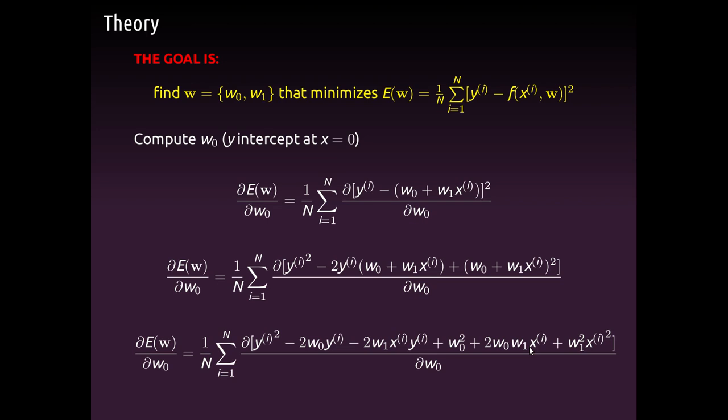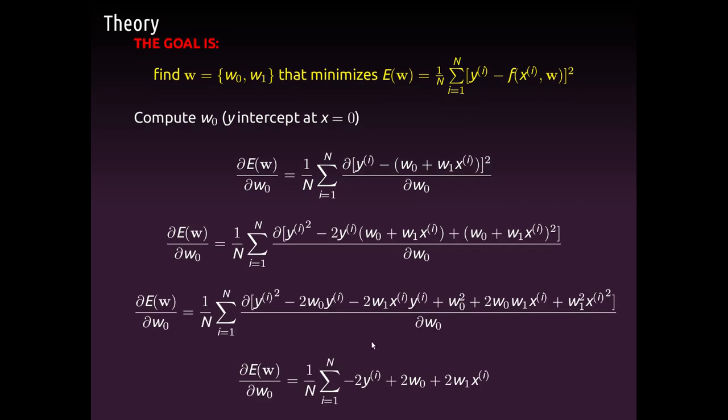Again, we will start computing the derivative now. When we differentiate this expression with regard to w0, this term will be deleted, this term will be minus 2 y super i, this term will be deleted, this term will be plus 2 w0, and this term will be 2 w1 x super i, and this term will be deleted, and we end up with this expression.